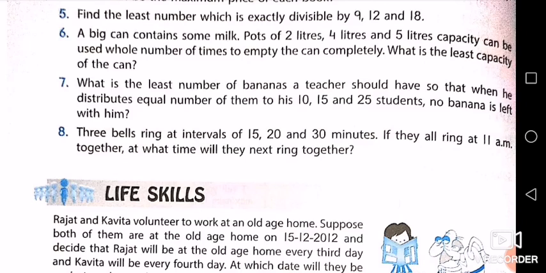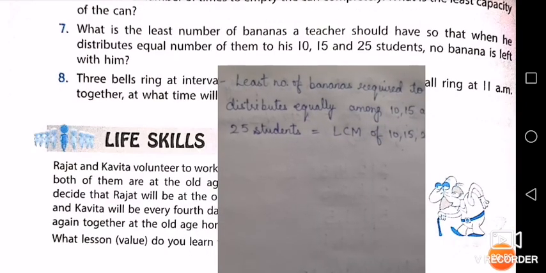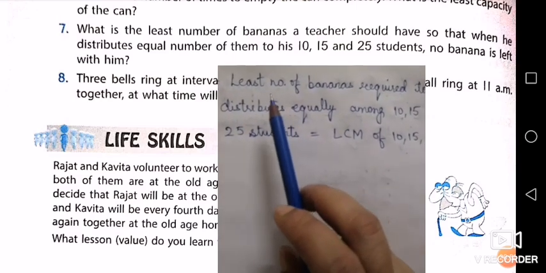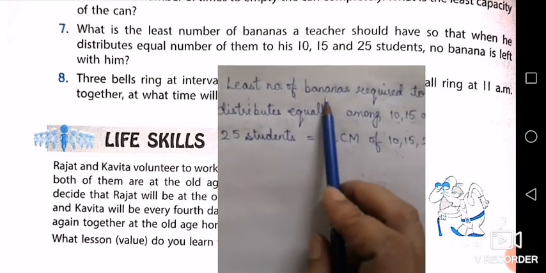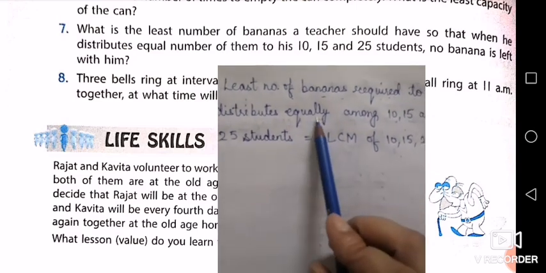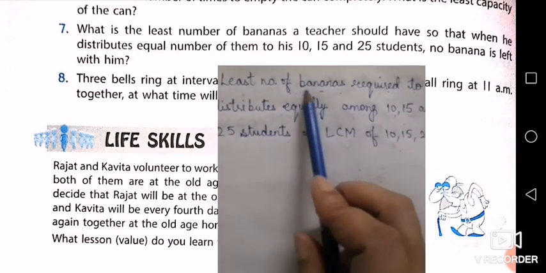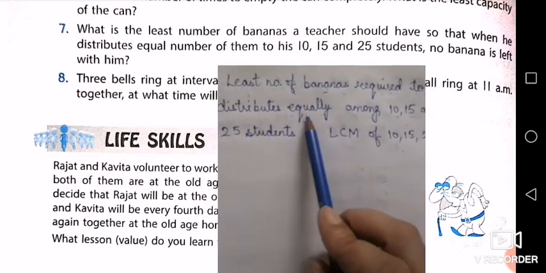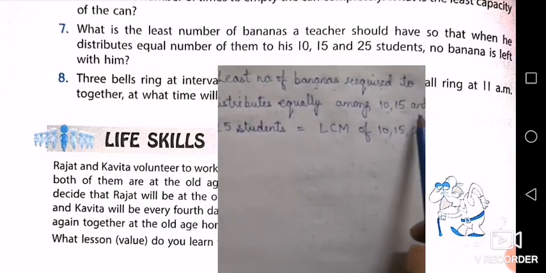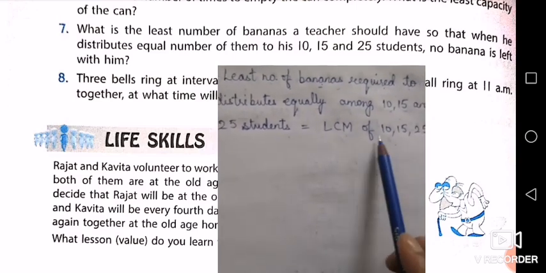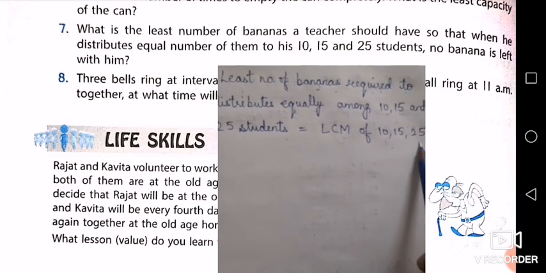So, let's start our question number 7. As I told you, the first statement: least number of bananas required to distribute equally among 10, 15 and 25 students is equal to LCM of 10, 15 and 25.